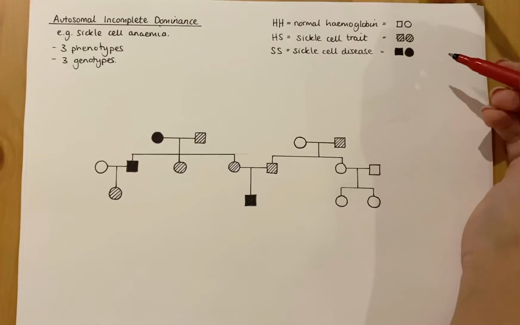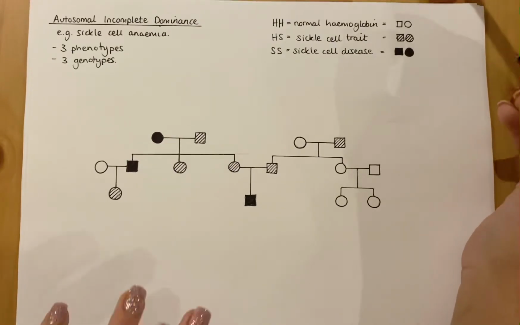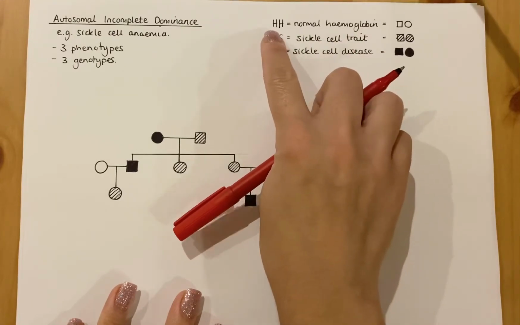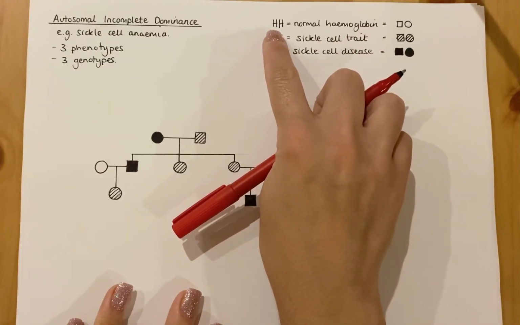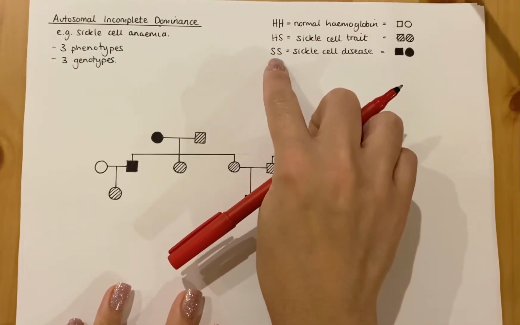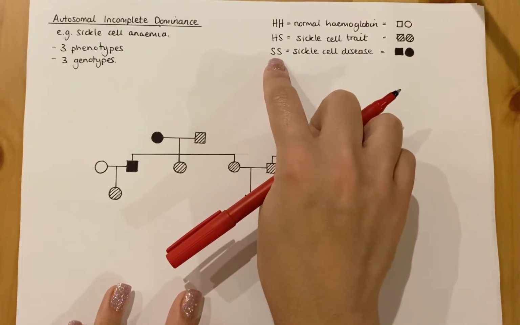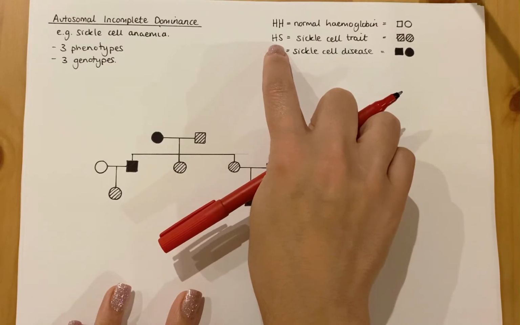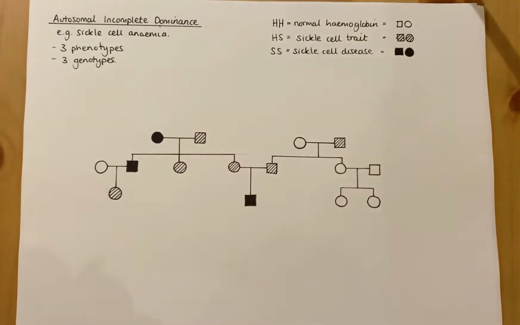There's just a mixture of 2 different dominant ones. If you have normal hemoglobin in your red blood cells, you would have 2 capital H's. If you have sickle cell disease, you would have 2 capital S's. But if you have what is essentially a mixture of them both, you would have a capital H and a capital S.